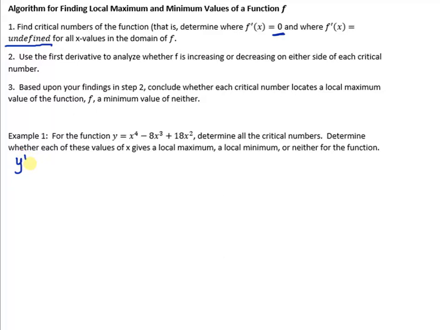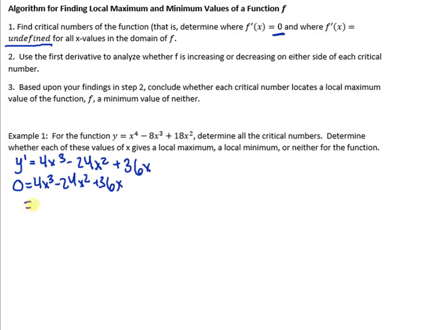So let's call this y prime equals 4x cubed minus 24x squared plus 36x. Okay, and let's find when that equals 0. So let's just set it equal to 0. We have 4x cubed minus 24x squared plus 36x.